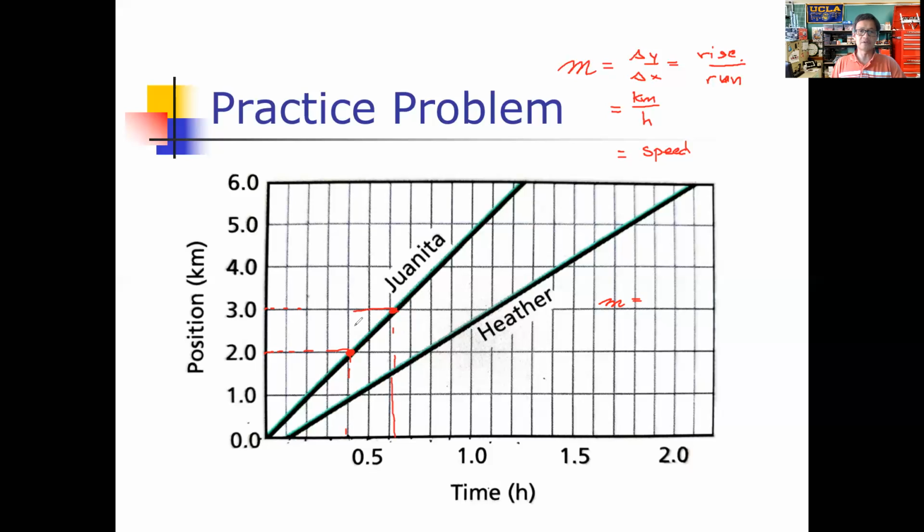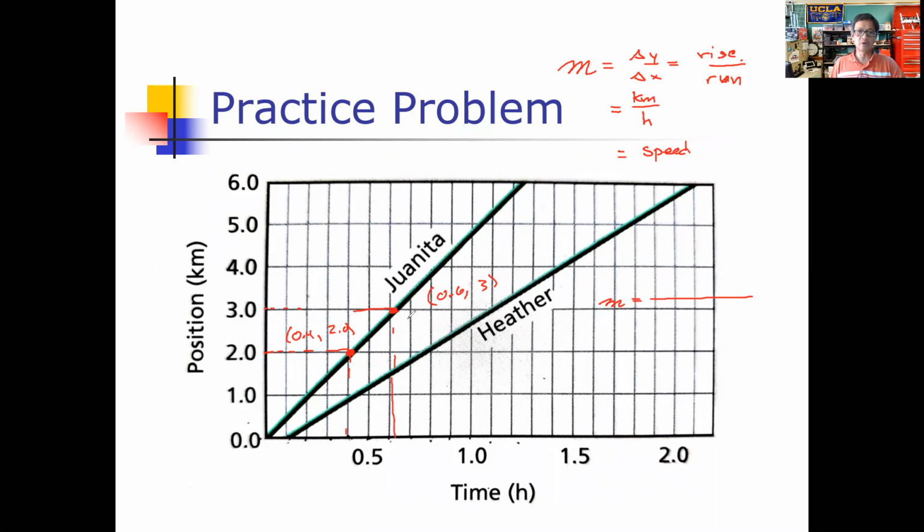So the coordinates for this first point are going to be 0.4 and 2. The coordinates for the second point are going to be 0.6 and 3. Let's go ahead and solve for the speed, which is the slope of this line.